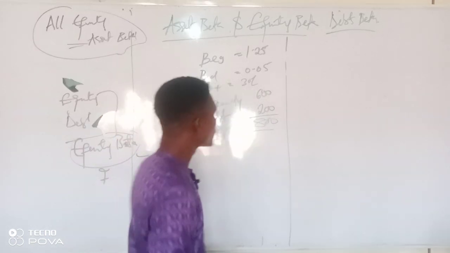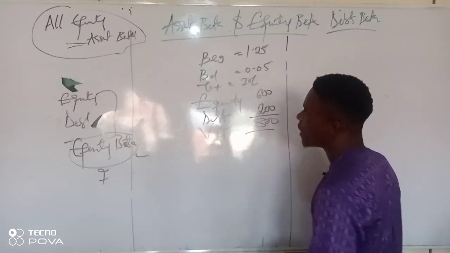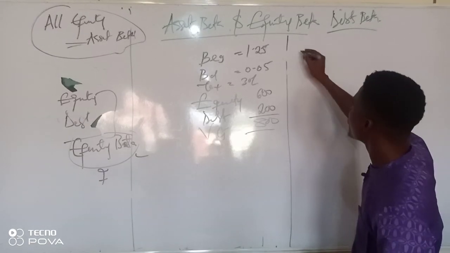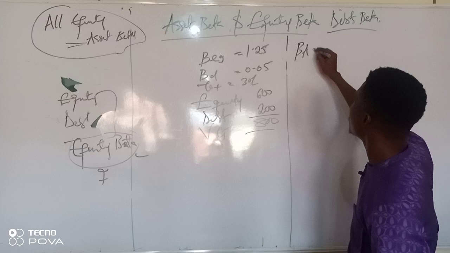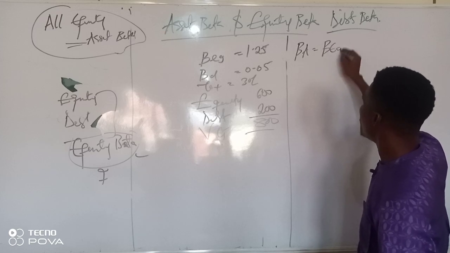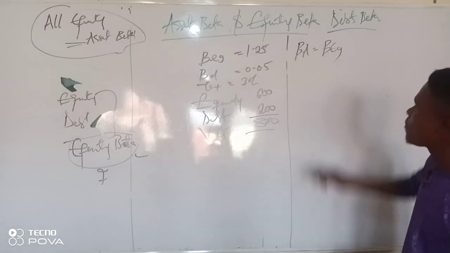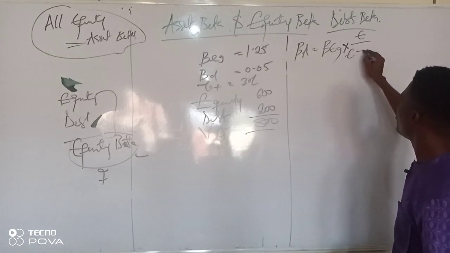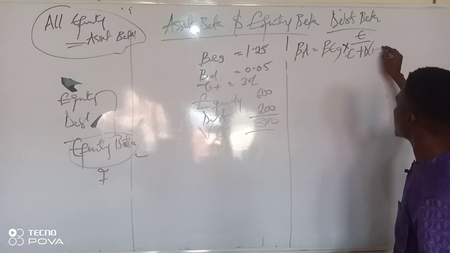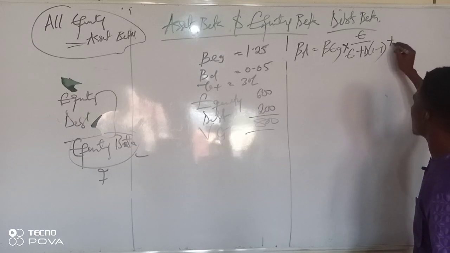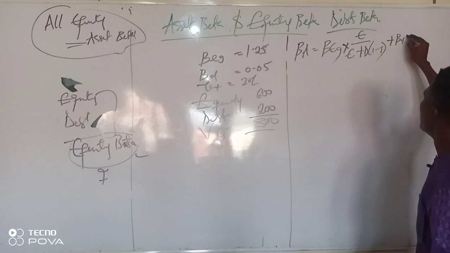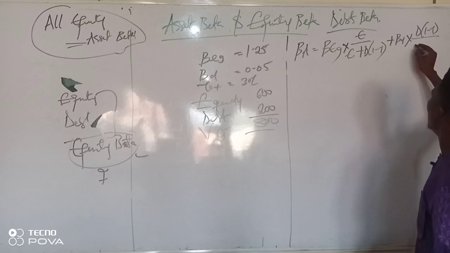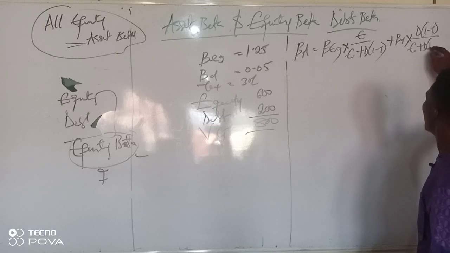Now go back to the formula that we formulated last time: asset beta equals equity beta of a geared company multiplied by equity over equity plus debt times one minus tax, plus beta of debt multiplied by debt times one minus tax over equity plus debt times one minus tax.